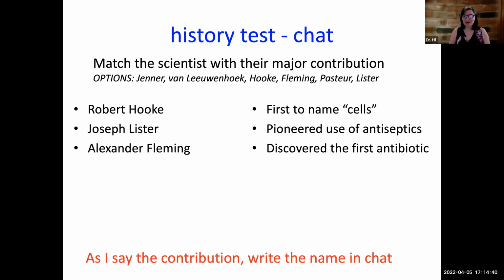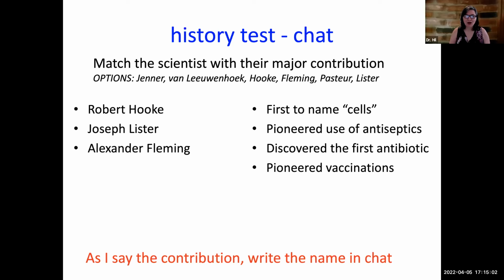What was that antibiotic? Correct. A good friend made by a very friendly fungus called penicillium. Penicillin, first antibacterial antibiotic.